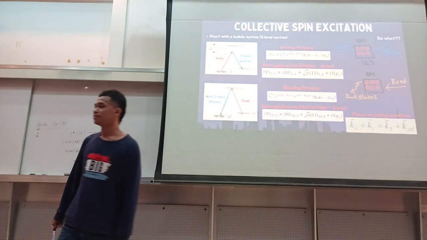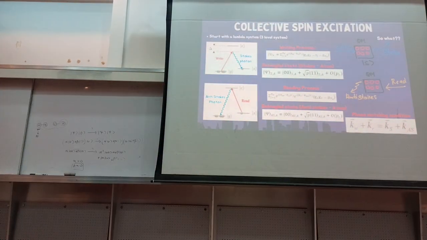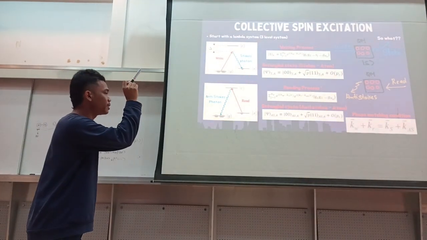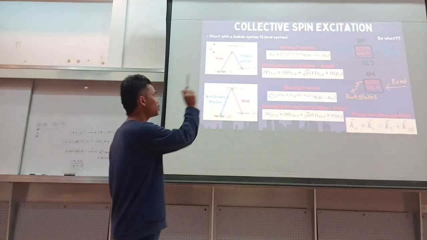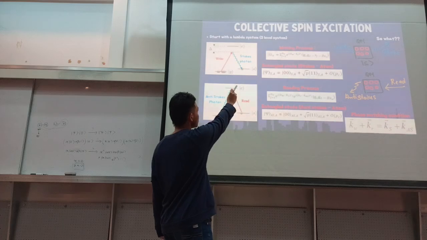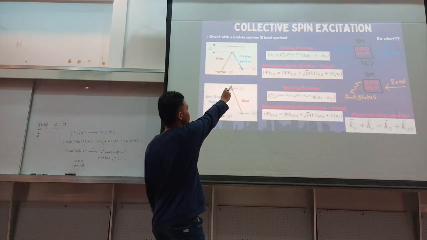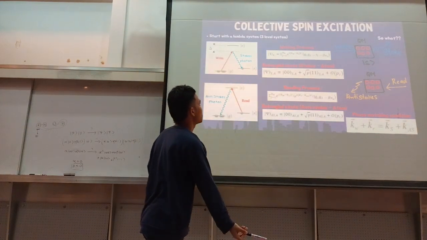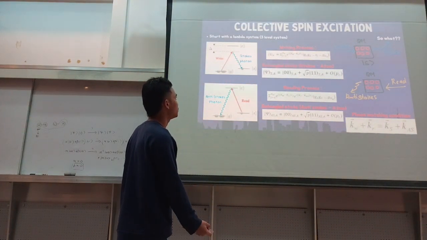The detection of the Stokes photon will project the atomic ensemble into the equation above. The uppermost equation is basically the spin excitation state, similar to the one I showed you previously.